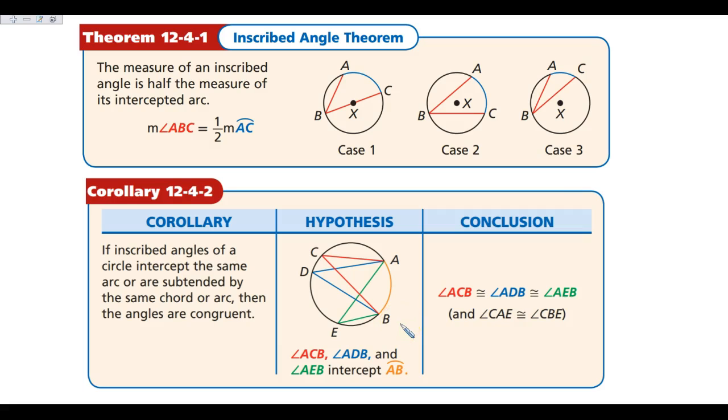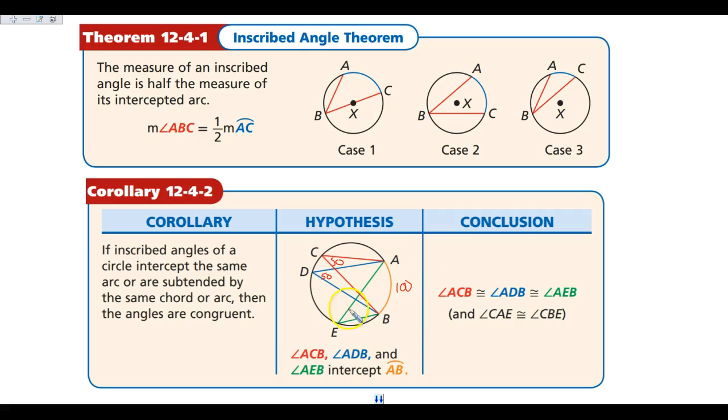Okay, well, what's going to be true is, again, if I say that this is 100 degrees, and you don't have to write this, we're going to put this in just for the sake of understanding. Well, this red angle here hits that arc, so it'll be half. So this angle would be 50 degrees. Then my blue angle hits this arc, so it would also be half, so it's 50 degrees.